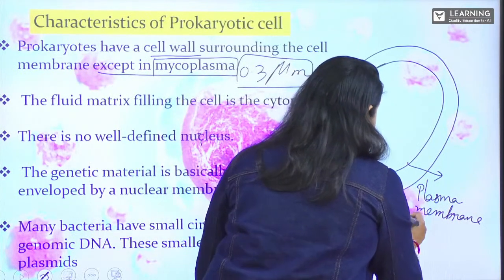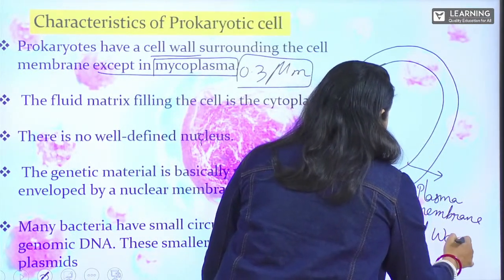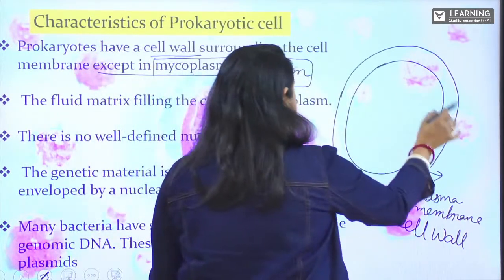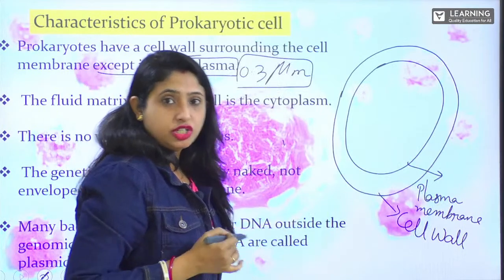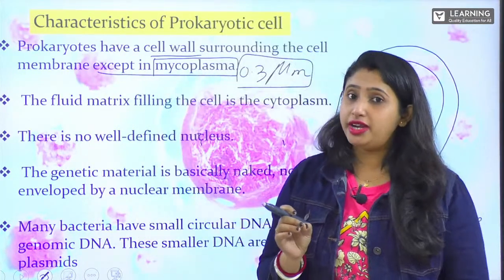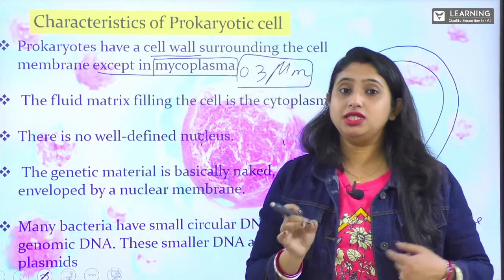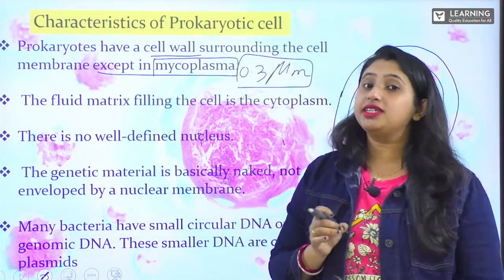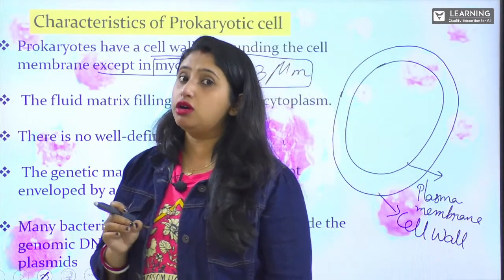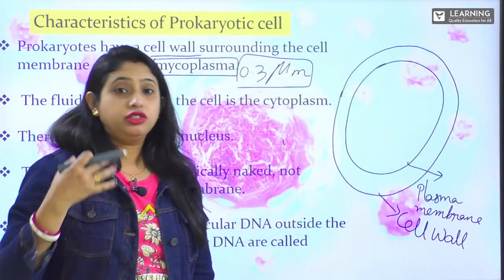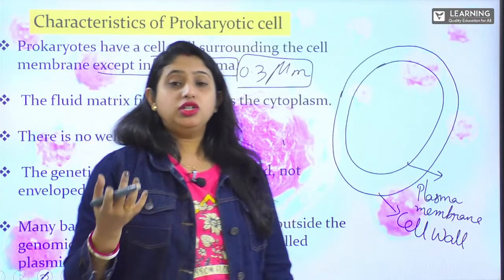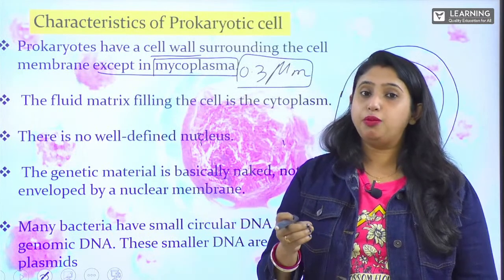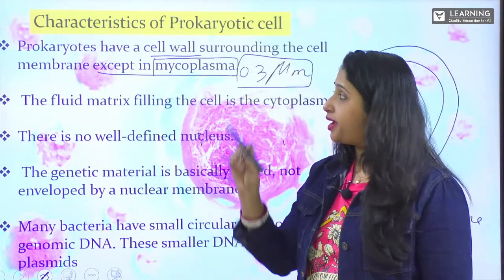Okay, this is the cell wall. Alright, so the cell wall is surrounding just after the plasma membrane. And what is the function of the cell wall? The cell wall is providing support and rigidity to the bacterial cell. All right, so the cell wall of the bacteria is made up of polysaccharides or murein. Okay, so it is providing protection and support to the bacteria.